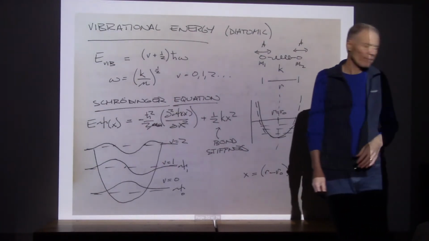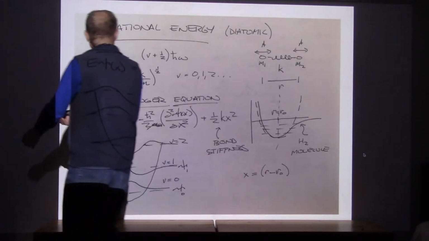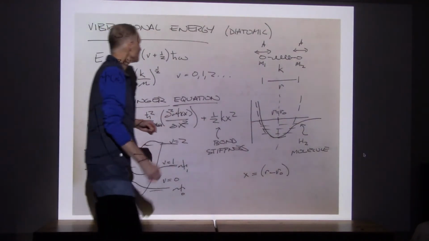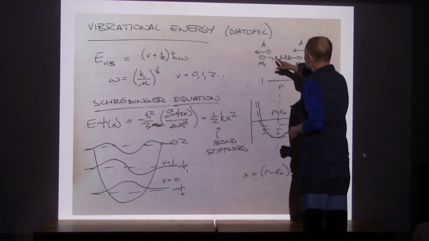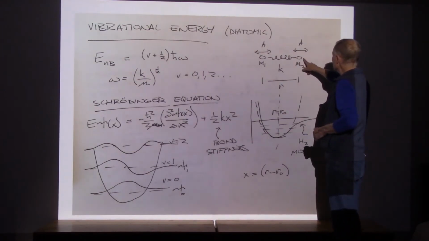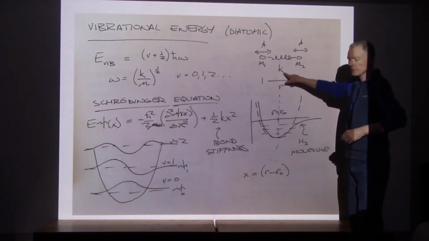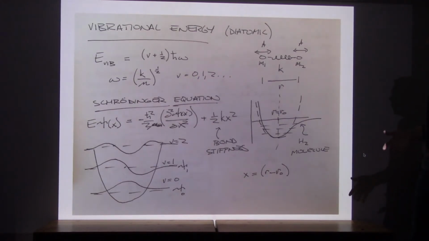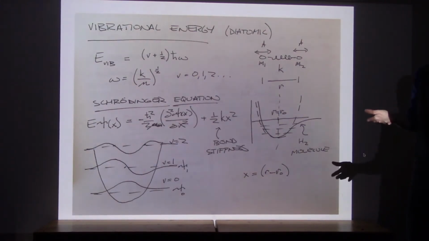All right, here is the vibrational energy setup. Now, where this all comes from, let's see. Here is nucleus number 1, here is nucleus number 2. Here is what we're going to call the bond stiffness. And so the bond has a k value, a spring constant, which tells us how stiff the chemical bond is.